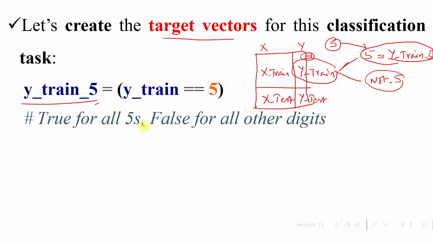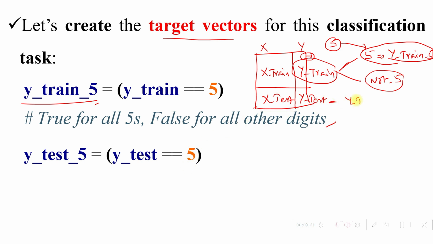So that is true for all 5s and false for all other digits. Similarly, y_test_5 equals y_test equal to 5. That means whenever the y_test value is equal to 5, it is assigned to y_test_5; otherwise it is not 5.